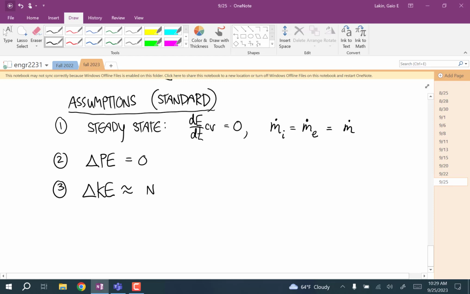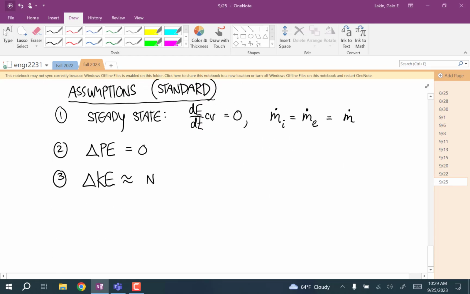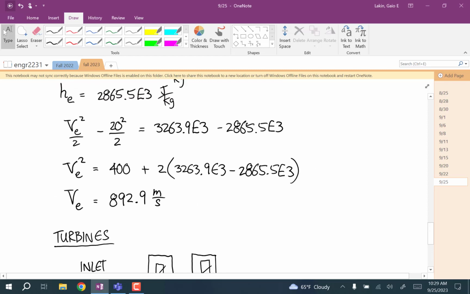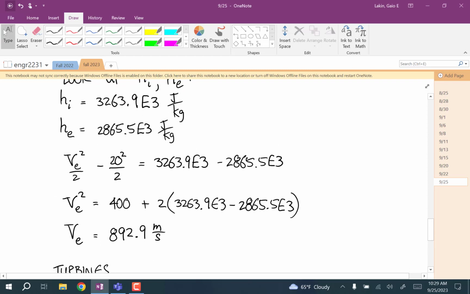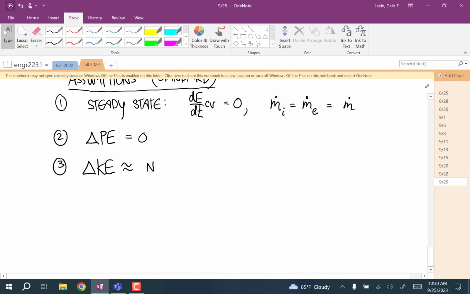But anyways, you saw in the last case, if you're not dealing with very, very high speed gases, the contribution of kinetic energy is so small compared to the contribution of pressures, enthalpies, stuff like that. Like, look at this pathetic, sad little term of 400 from that 20 meter per second gas. So we're going to assume that this doesn't do much.